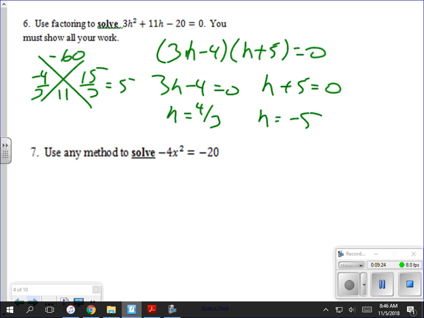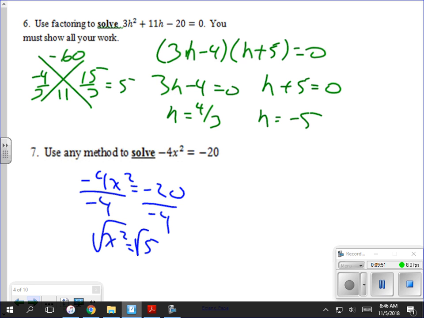Okay, number 7, it says use any method to solve 4x squared minus 20, which means you can use any method you want. What I would do, because I have x squared, is I would use square roots. So I have negative 4x squared equals negative 20. Divide both sides by negative 4 to get the x squared by itself. x squared equals 5.